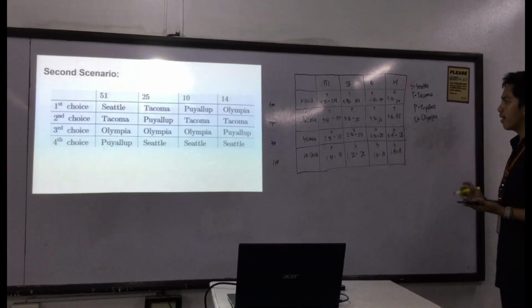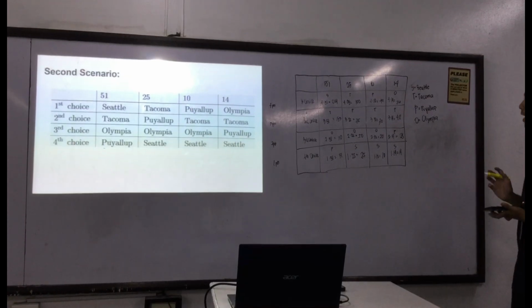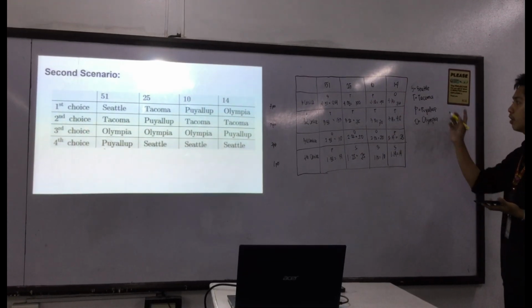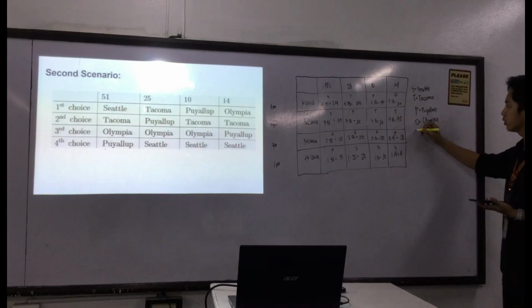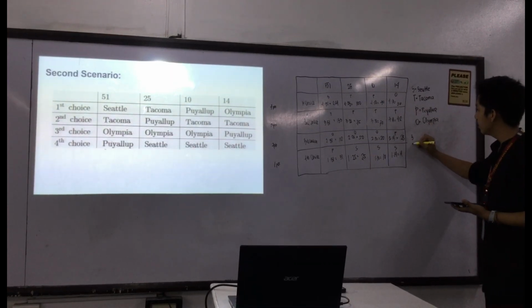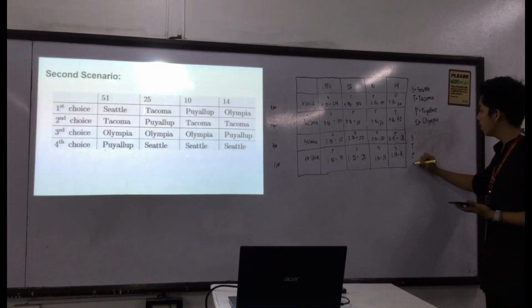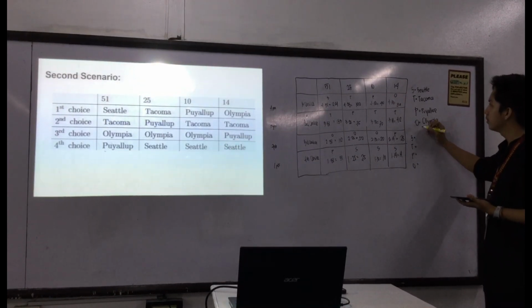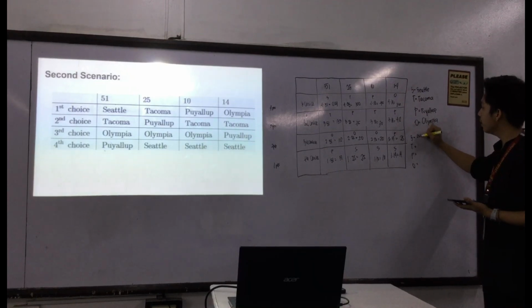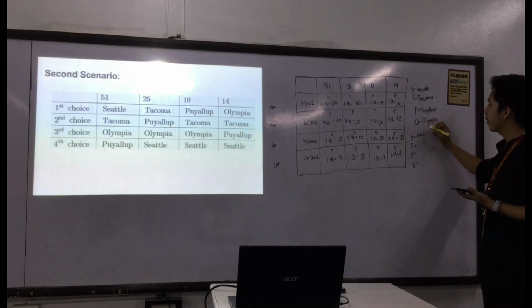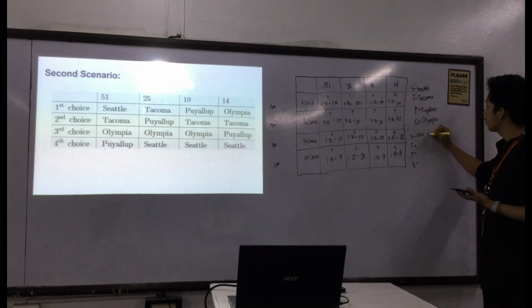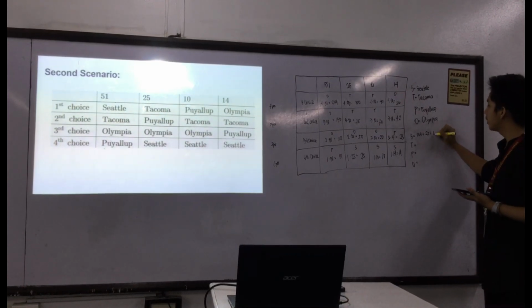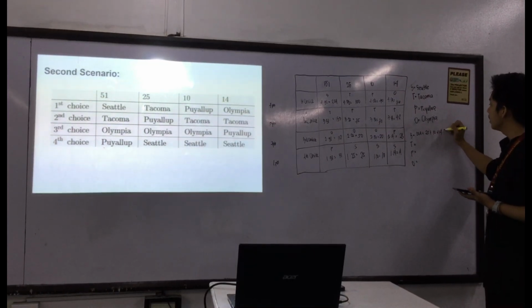The fourth step is to get the summation of these votes. So Seattle is equal to 204 plus 25 plus 10 plus 14 is equal.